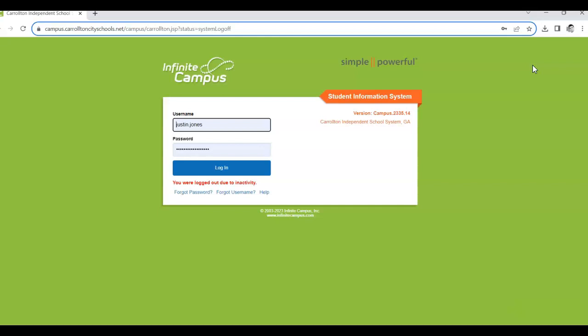Also, I use it to find parent guardian contacts. Teachers can use this as well. A lot of students use Infinite Campus to check their grades to make sure they're on track and things of that nature. So Infinite Campus can be used by students, by teachers, and obviously as an administrator, I take full advantage of Infinite Campus on my laptop.